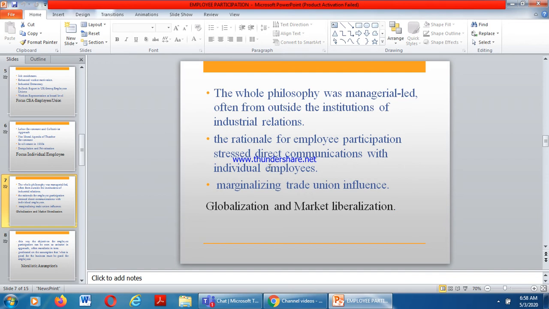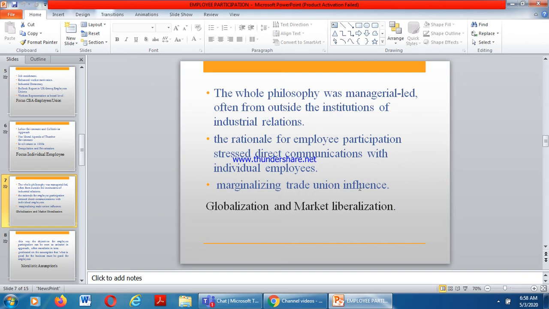There were bans on the trade unions because many industries and many businesses were not functioning well due to labor unrest. In the minds of government and many businessmen, the problem is greatly created by the union leaders. So they moved towards participation of employees, but in a direct way.